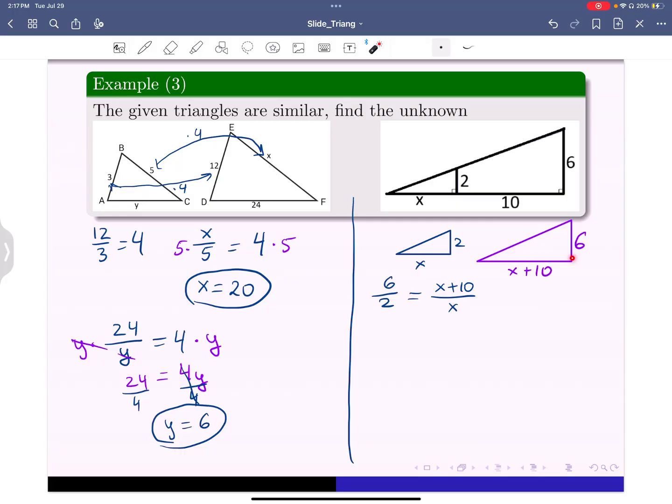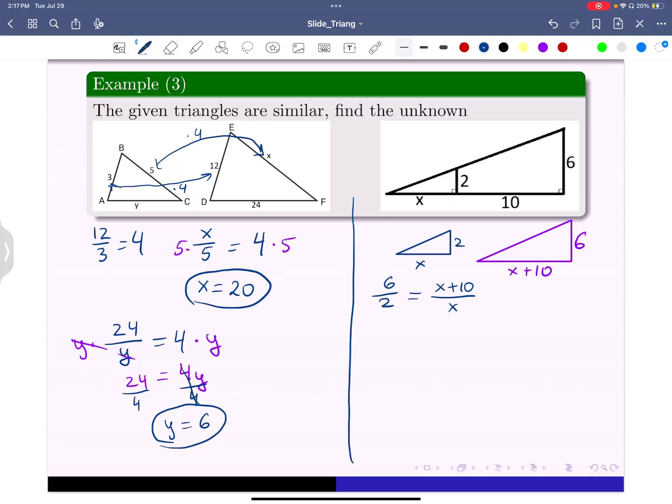One more time, bigger side divided by small side must have a scale of 3. We can either cross multiply or divide those two and get the answer. Either way is correct.